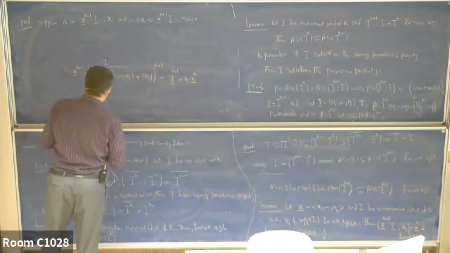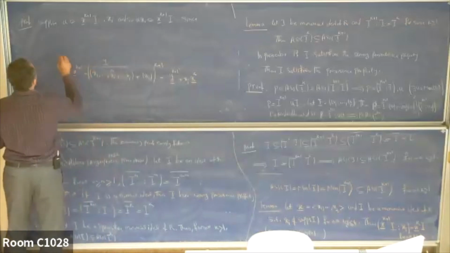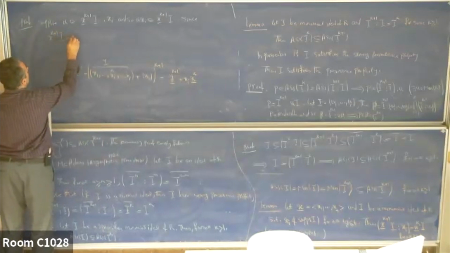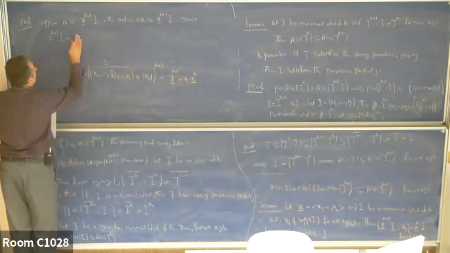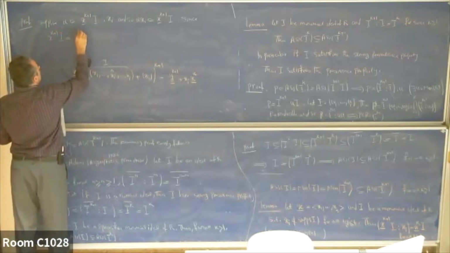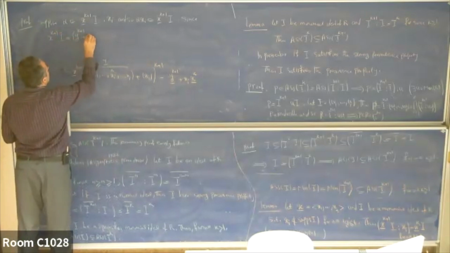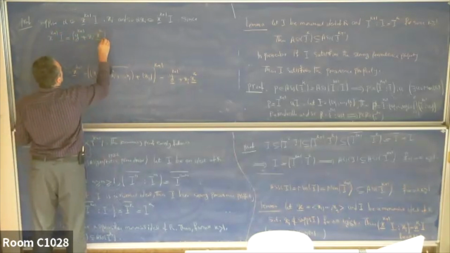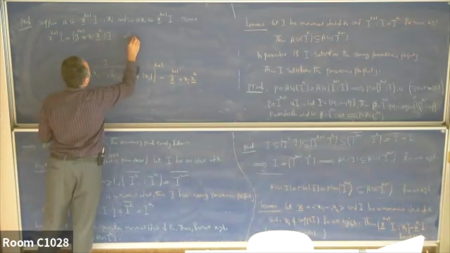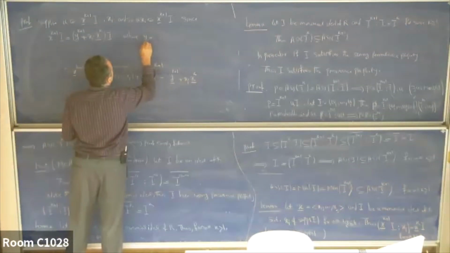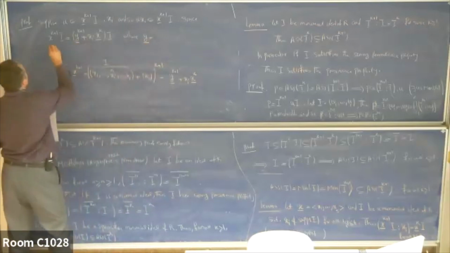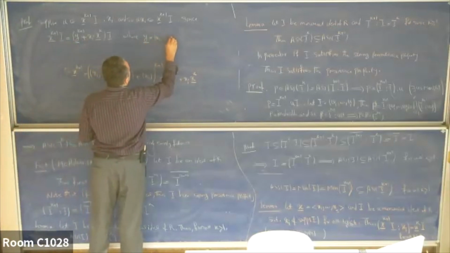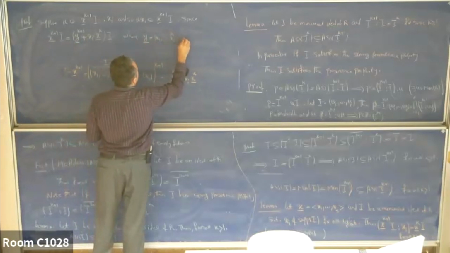So since X^(r+1) I is equal to Y^(r+1) plus Xi X^r I, where Y is equal to X1 with Xi cancelled, and Xi.